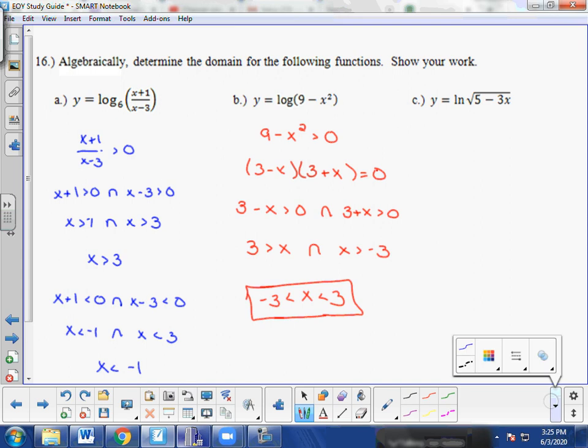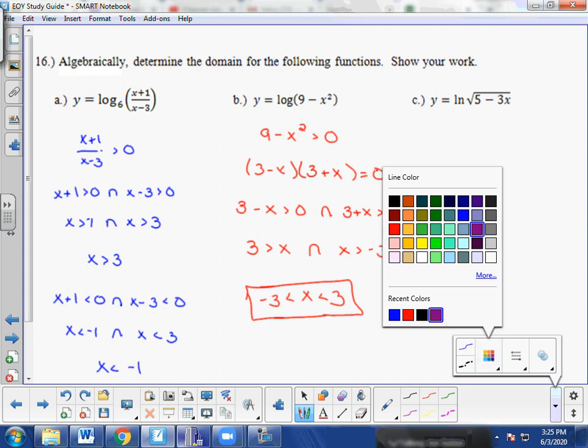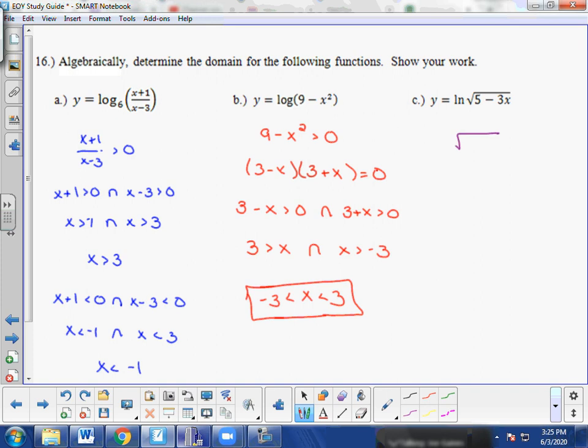Finally, for C, the input value is this square root expression. So the square root of 5 minus 3x has to be greater than 0. In this case, what we know is that if it's a square root, in order for it to be a real number, the expression inside of that square root by itself has to be greater than 0.